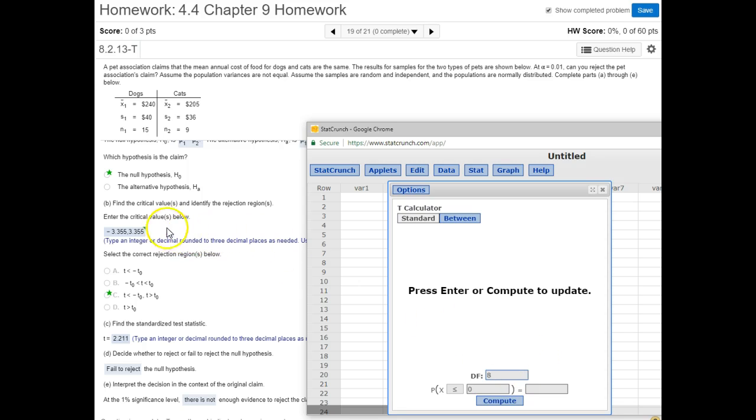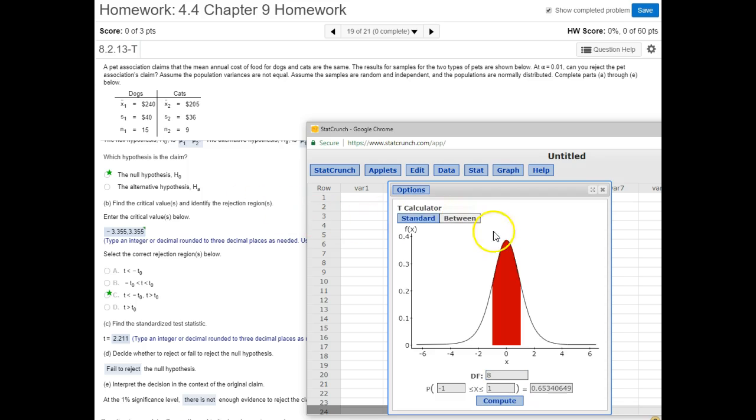And then we have to find the critical value and identify the region. We want between, since we're dealing with a two-tailed test. And we have an alpha of 0.01. So if we have an alpha of 0.01, we want both tails to add up to 0.01. And keep in mind that we're measuring the area in between.